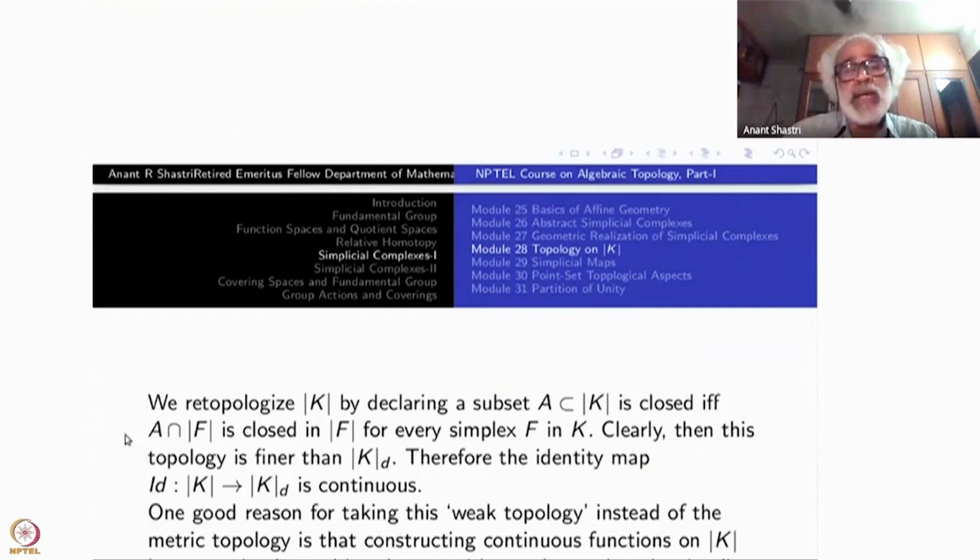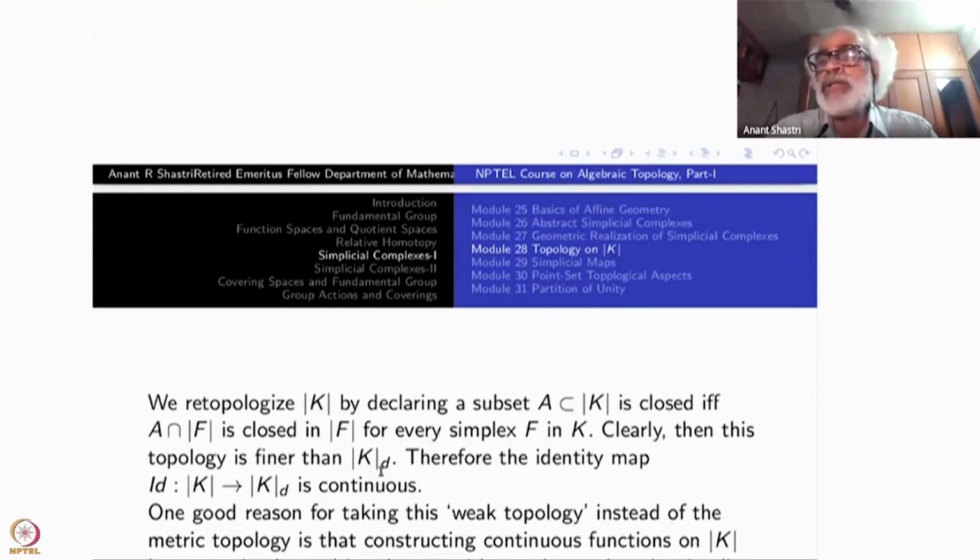This is a funny name; it is called weak topology for some different reason. But with respect to KD, it is stronger than the topology of KD, because every closed subset inside KD is also closed here. It's a finer topology than KD.